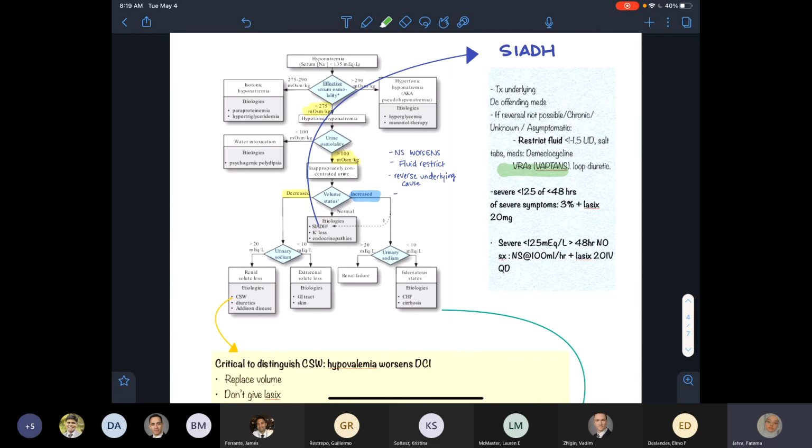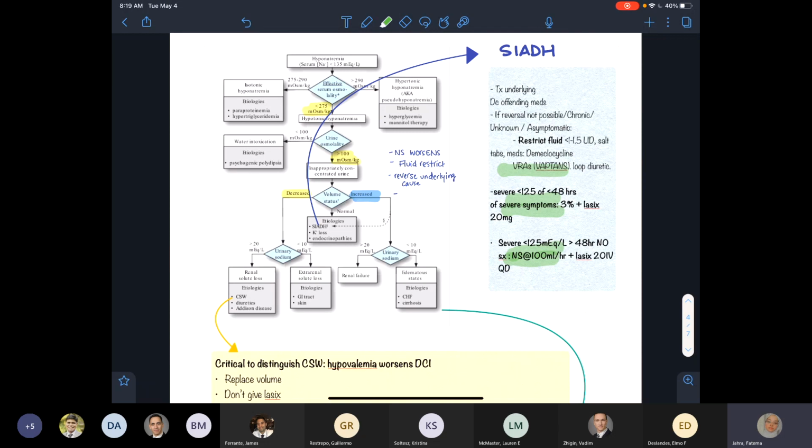So if it's really severe, less than 125 and acutely happening, even though we're not supposed to give IV fluids, we're supposed to restrict fluids, in that setting you can give 3% and give Lasix at the same time, so it's a waste of water. And when it's still severe but there are no symptoms, you can give NS and Lasix. So these are your 3 treatment tiers. But usually in that case, we'll go to our neurointensivist and make sure we're doing the right thing.